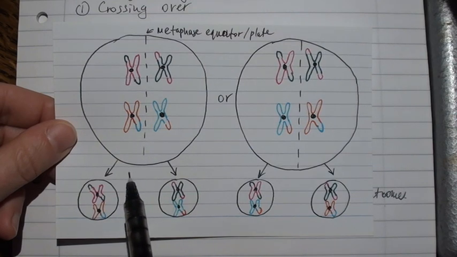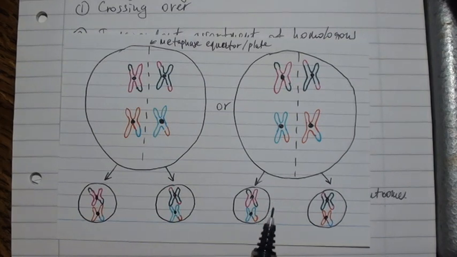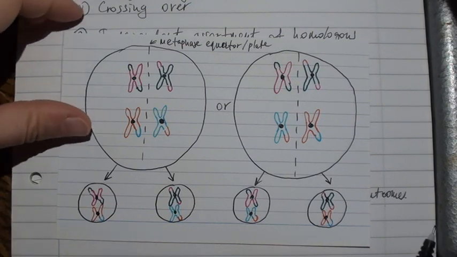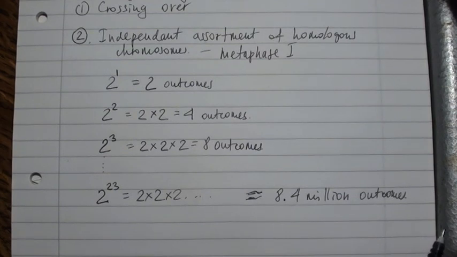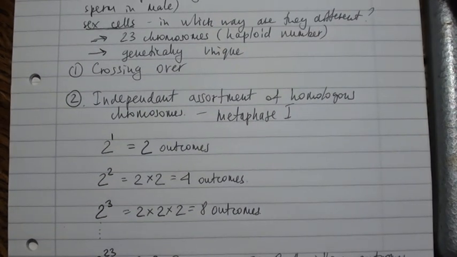That would be like having a really big combination lock with 23 little wheels, and every time you twist one wheel a little bit, that would give you a different possibility. So that's another mechanism during meiosis which causes genetic variation, which results in cells which are genetically unique and never seen again.